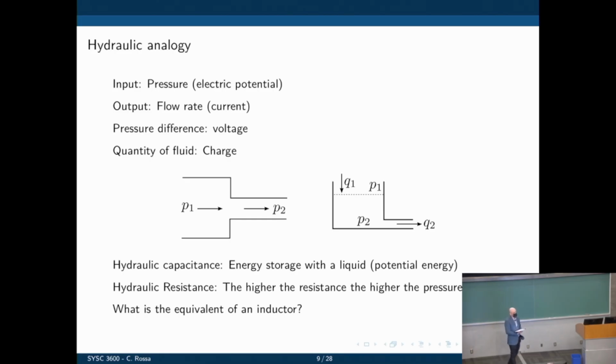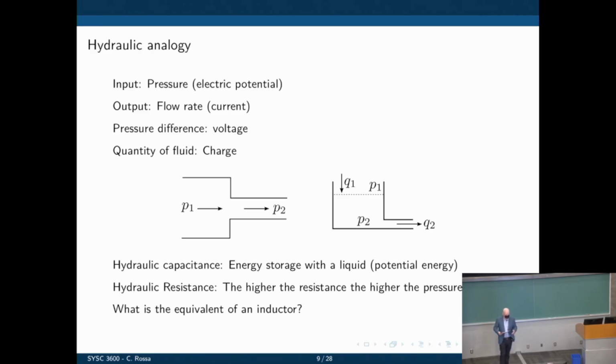The flow rate, which is the equivalent to the current in the electrical circuit, is what is flowing in the circuit. All right. If we now take the pressure difference between 2 points, well, that's the electrical potential difference between 2 points, which is the voltage. So the pressure difference between 2 points is the voltage that creates a flow in the circuit, and that's the equivalent of the current.